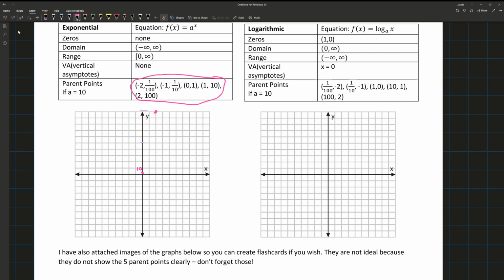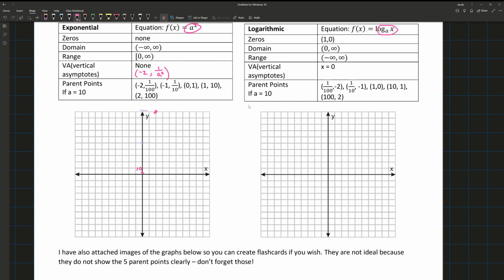as well as what the points could be for these two graphs, because if you've noticed, I've described the functions with multiple variables, meaning that we could use a different base. So if a equals 10, then our scale has to be pretty funky to include all these points. But know that the parent points could change to be something like -2, 1/a squared, for example.